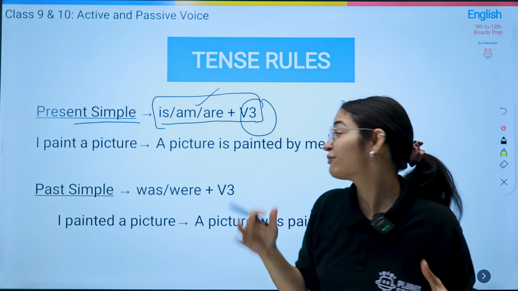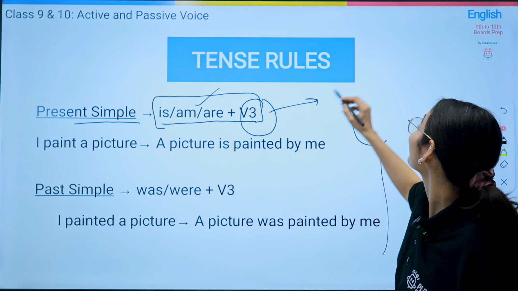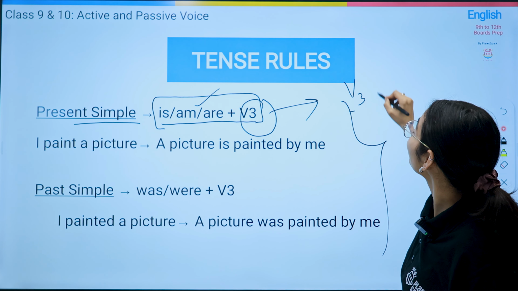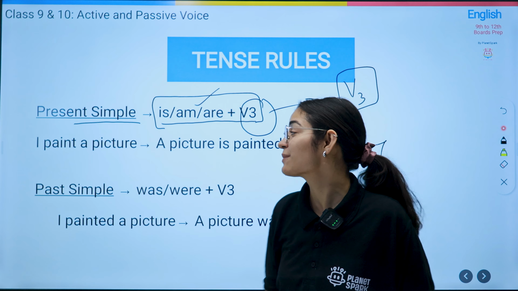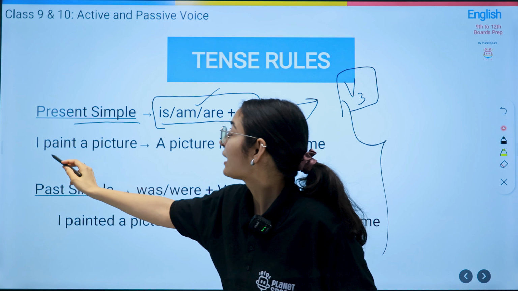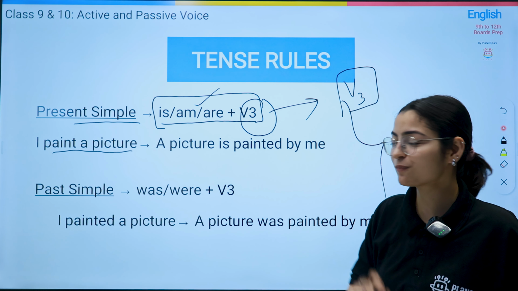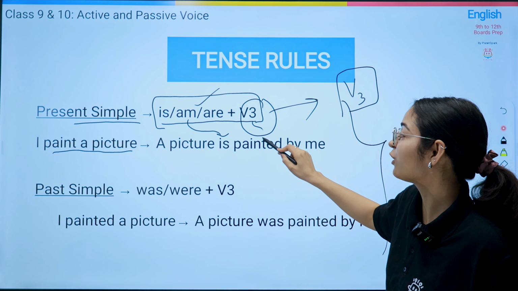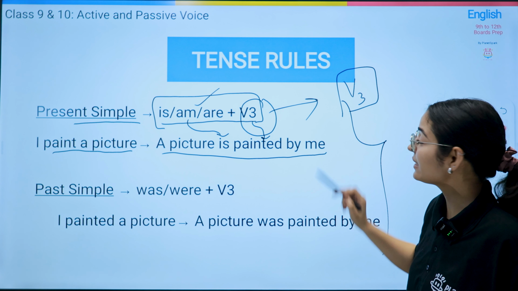You always have to remember how important the third form of verb is whenever you're changing any sentence from active to passive voice. This is where you make mistakes. For example, I paint a picture. The sentence here is in simple present, right? Now, if I have to change it into passive, I'll use either one of the helping verbs and the third form of verb. A picture is painted by me.